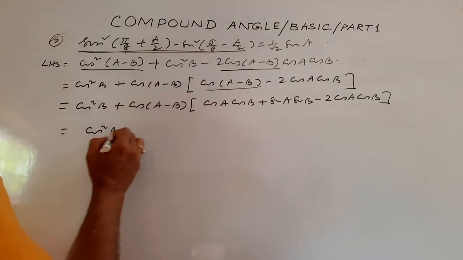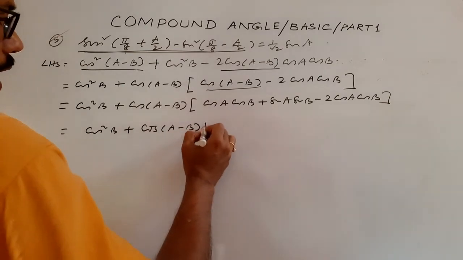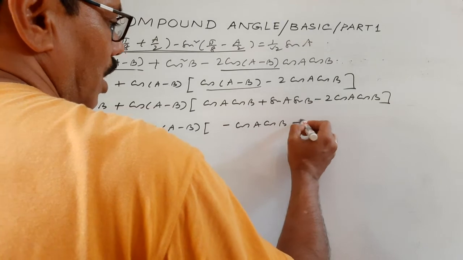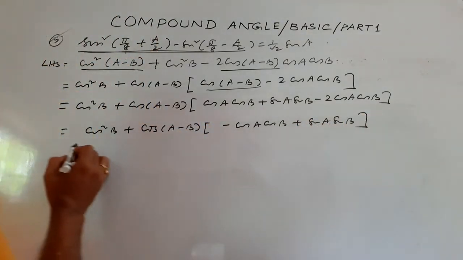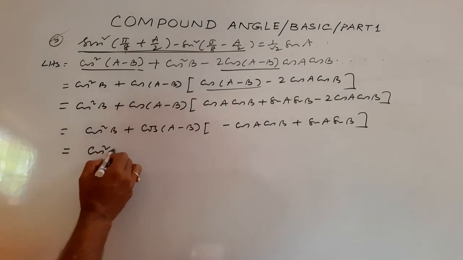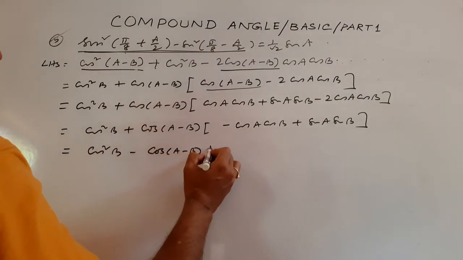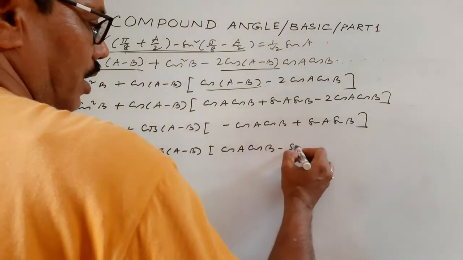So cos square B plus cos(A minus B), and this is minus cos A cos B plus sin A sin B. So you take minus common, cos square B minus cos(A minus B). So this will be cos A cos B minus sin A sin B.